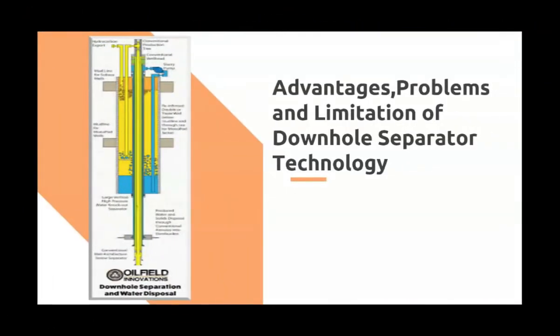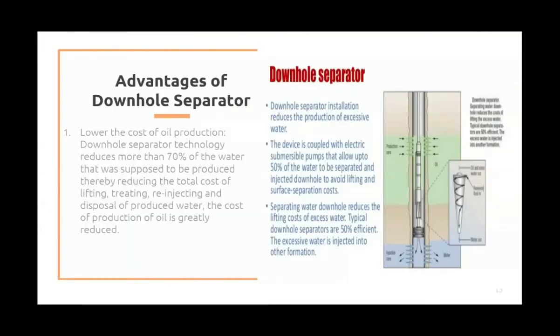Next, I will continue with the advantages and the problems of downhole separator technology. For the advantages of downhole separator and what it brings to the table, first, as I said in the introduction, downhole separator technology will reduce the total cost of production of oil and gas.